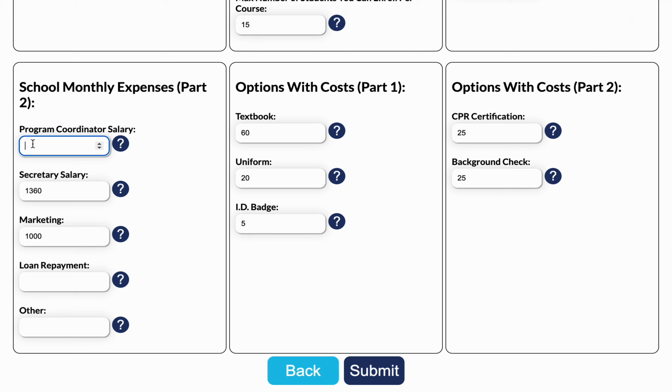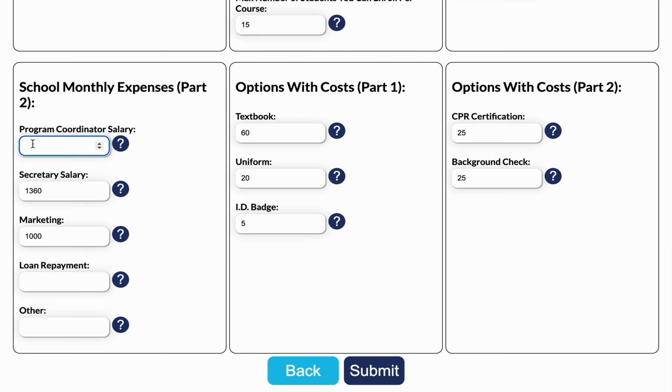With that being said, how do you want to handle this? I would rather the program coordinator be someone that comes in four times a month. Okay, so this is a person we're probably going to pay a stipend to, not necessarily per hour. How much would I stipend a person to come, let's say, three times a month, and you might not even need them more than five hours each time?